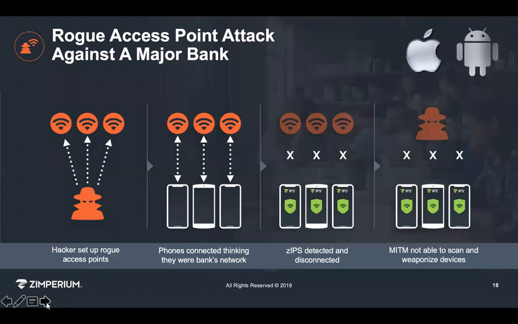In this particular case, the hacker set up rogue access points. The bank's employees, most of them would have connected to it directly, but in our case, because of the detection technique that we've got, and they own the network right now, so this detection technique was on device, even though it appeared that they were connecting to the bank's network, to the eye or to the device itself.